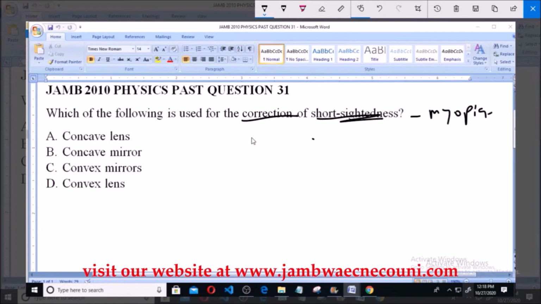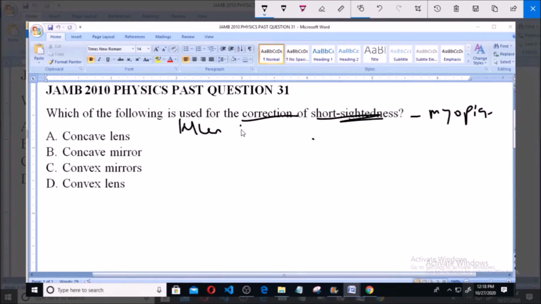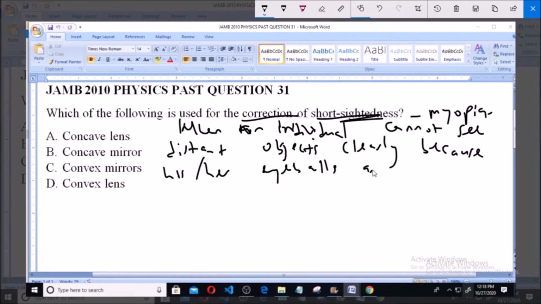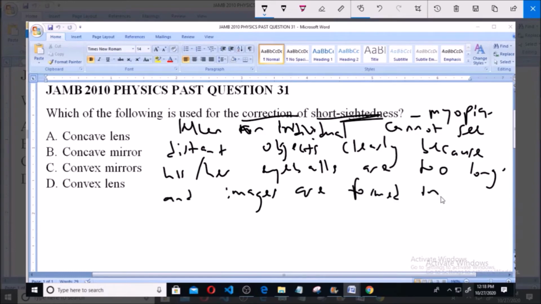So short-sightedness is when an individual cannot see distant objects clearly because his or her eyeballs are too long and images are formed in front of the retina.